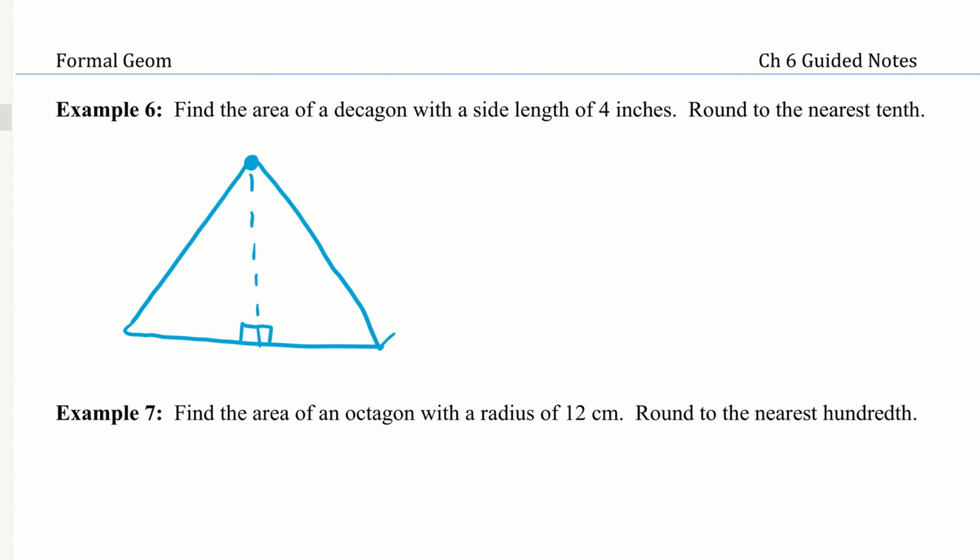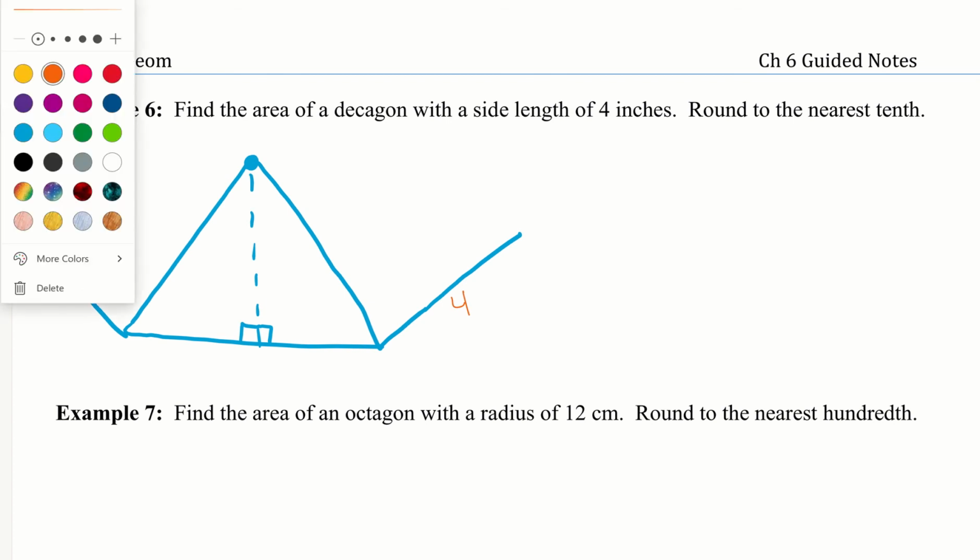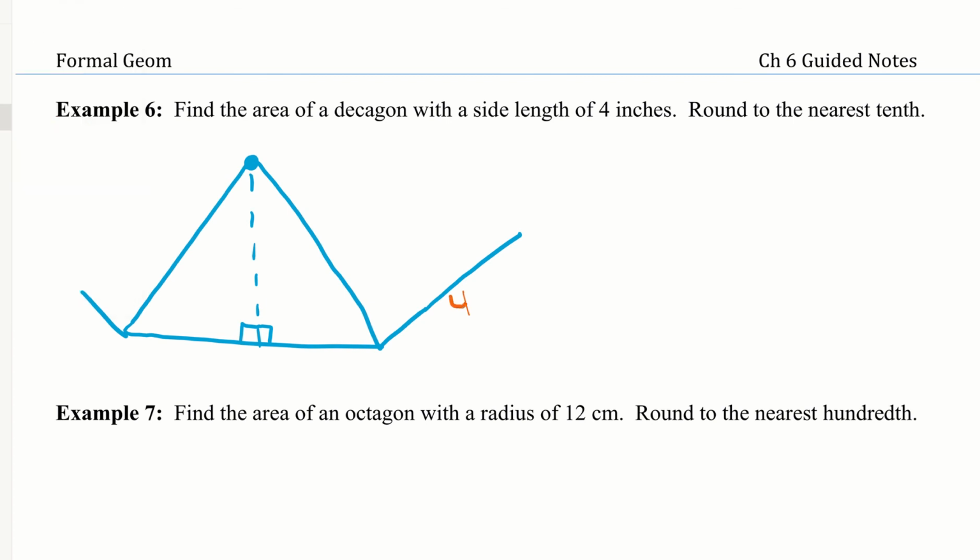And then I'm going to draw some other pieces so it looks like we're pulling this out of the shape, and we can maybe visualize the decagon being much bigger. Okay, so my decagon has a side length of 4, so I'll label that here. Let me get a bigger marker. Because I have a side length of 4, my apothem is going to cut my side into lengths of 2 and 2.